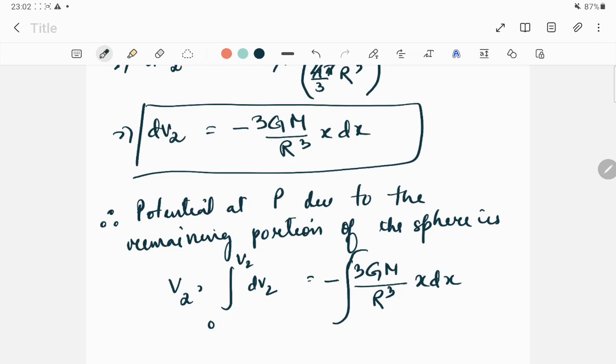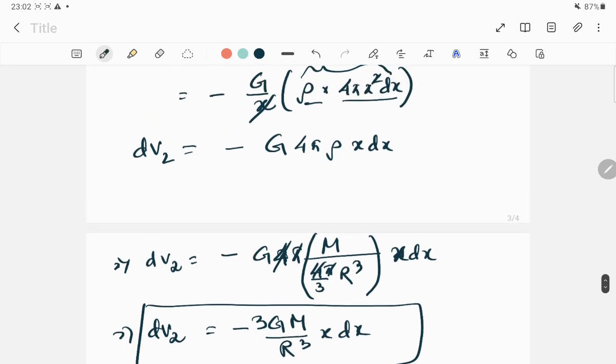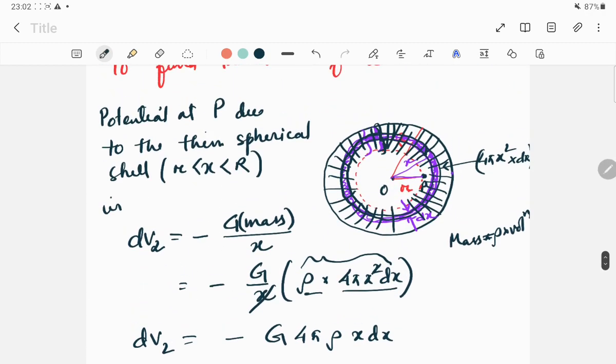Okay, now we need the value of lower limit and upper limit of x. So if you look at this figure, x starts from here, so this is small r, and x goes maximum up to here.